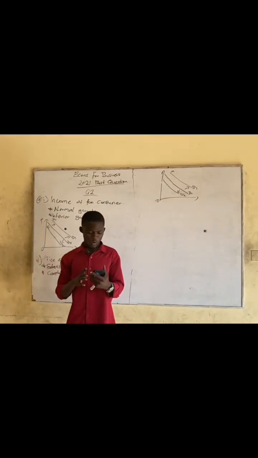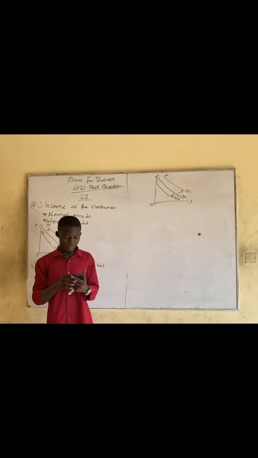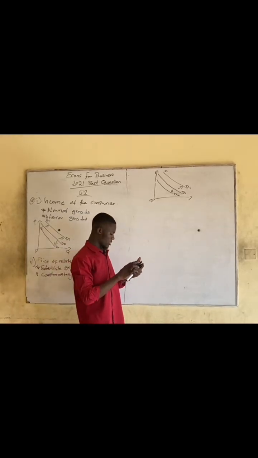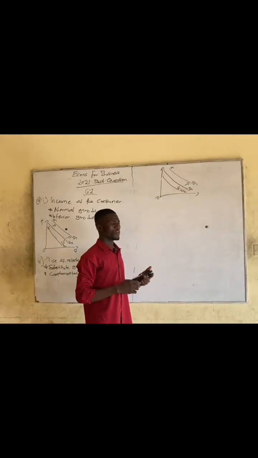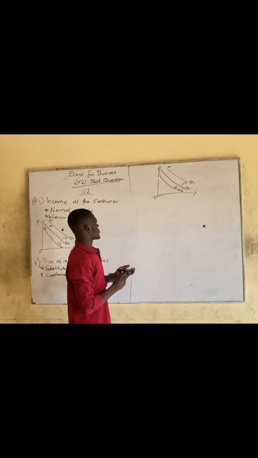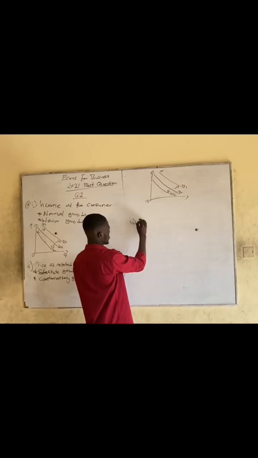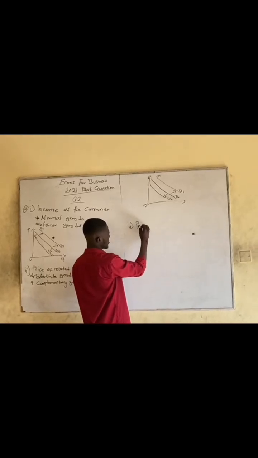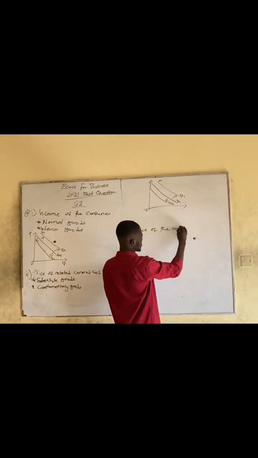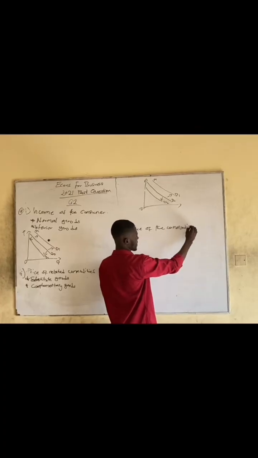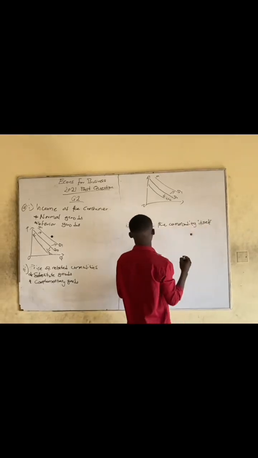Okay, so we move on to the other one because time is not on our side. The other question says the price of the commodity itself. So, price of the commodity itself, like this.